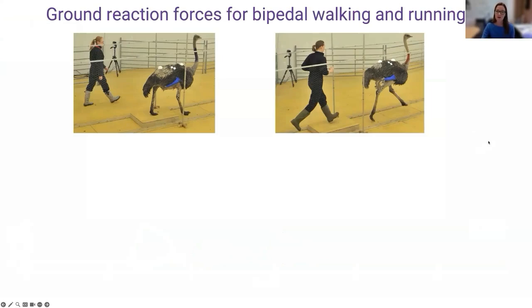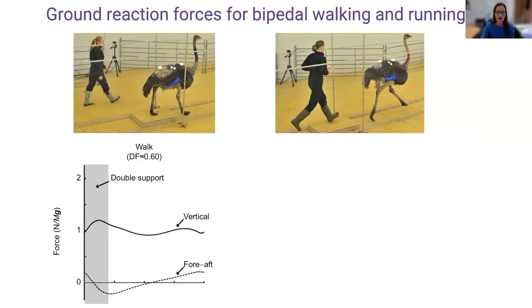forces. If we look at ground reaction forces for bipedal walking and running across bipedal species, so species as diverse as humans and ostriches, they still have characteristic patterns in how those forces change with speed and gait. So during walking, you get a characteristic M-shaped curve in the vertical direction, and this decelerating and accelerating impulse in the fore-aft direction.